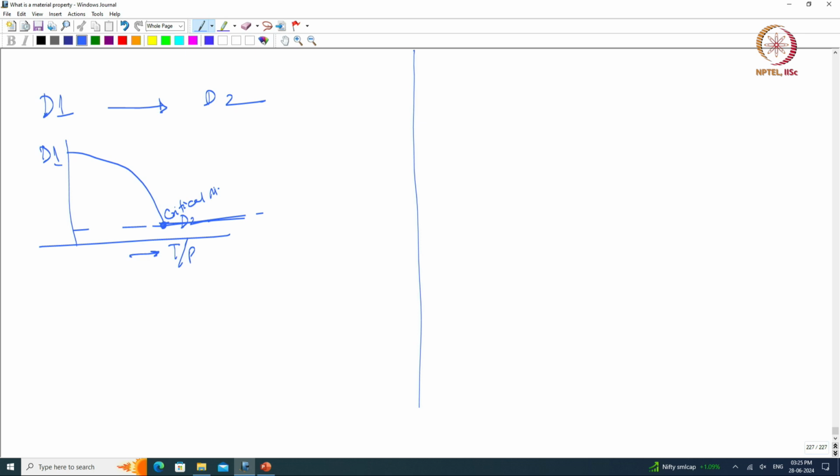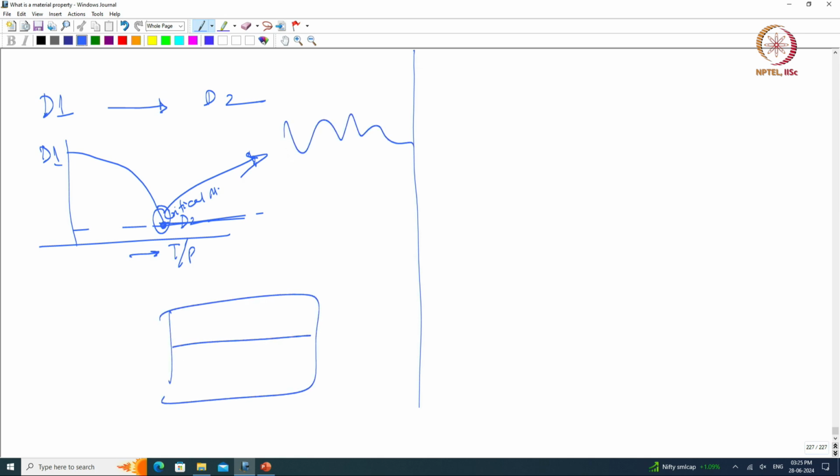However, what changes is right at about this point. If I look at the fluctuations in density, there is a huge amount of fluctuations. If I take this phase front, every point here is supposed to have some density like d1, with very minimal fluctuations, but these fluctuations go to infinity.